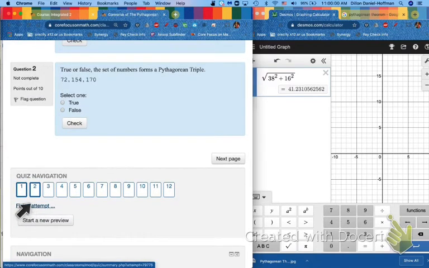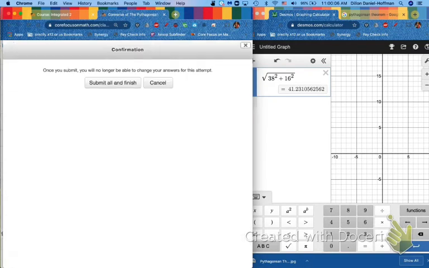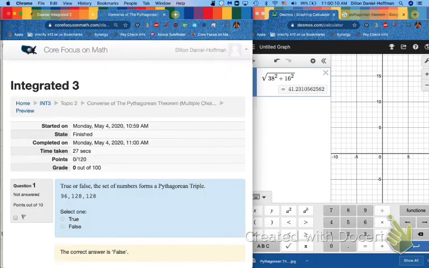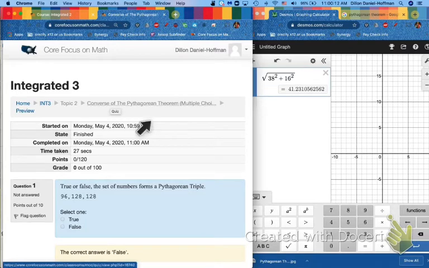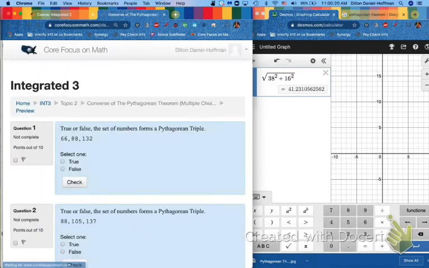So at any time, like say you miss number one, you get a red. You hit finish attempt. And then you hit submit all and finish. Submit. It's going to give you a 0. That's fine, because then you hit this assignment. Again, converse of the Pythagorean theorem. And then now for you, it's going to say attempt quiz now. And you're back. It took 10 seconds, 20 seconds, but you're back.